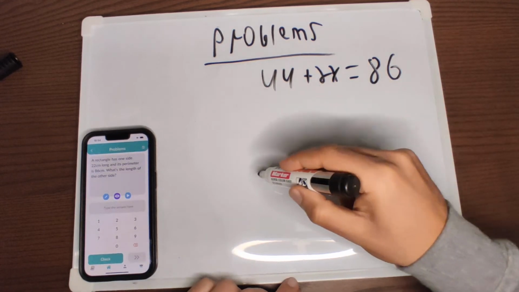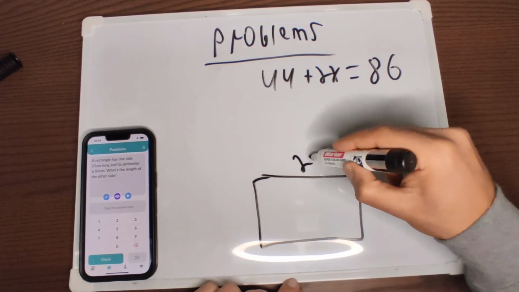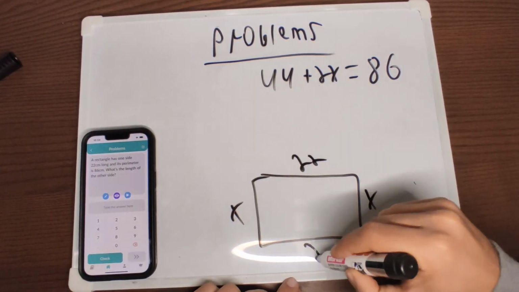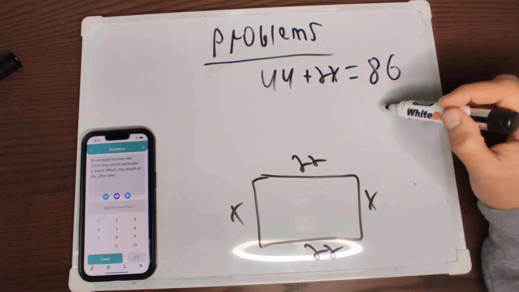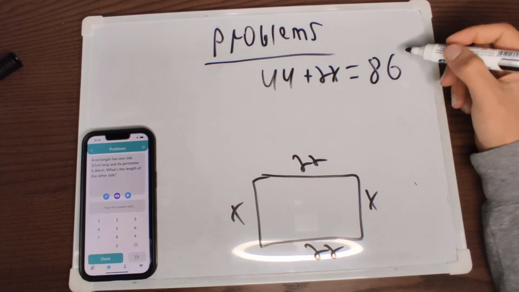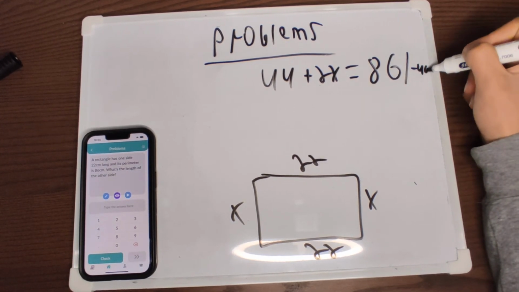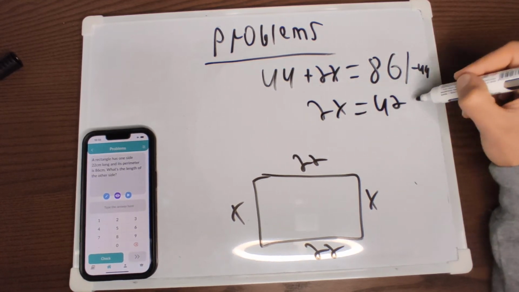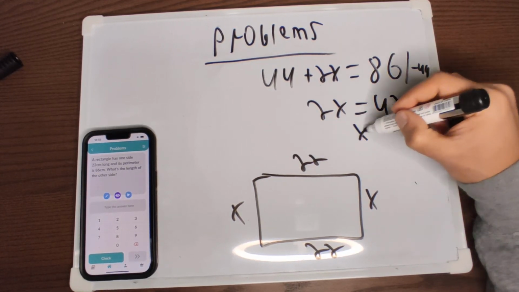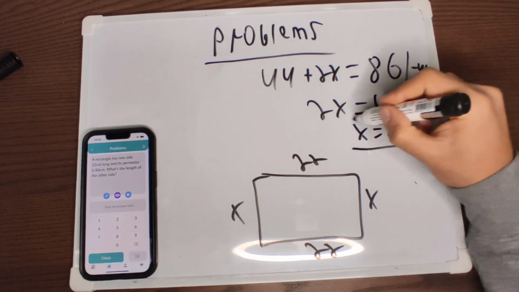So right now, and this was the rectangle, sorry. Okay, so right now we have a basic equation which we can solve very quickly. We will do minus 44, 2x equals 42, dividing by 2, x equals 21.